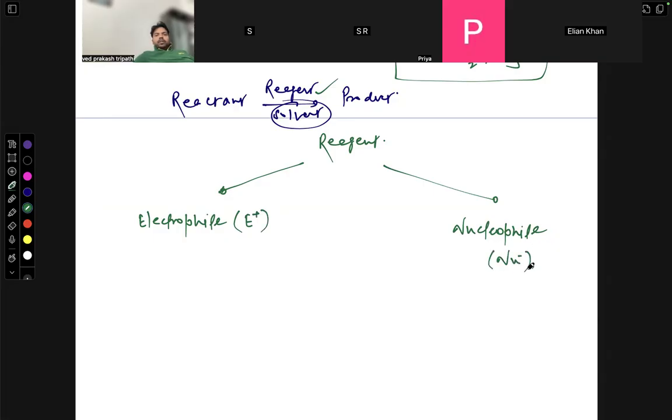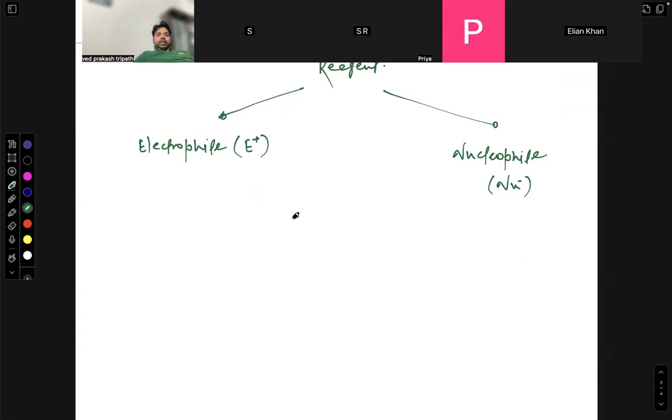Clear? So let me introduce first the electrophile. Look at the wording here. Electro means electron, phile means loving. So we can say electron loving species.